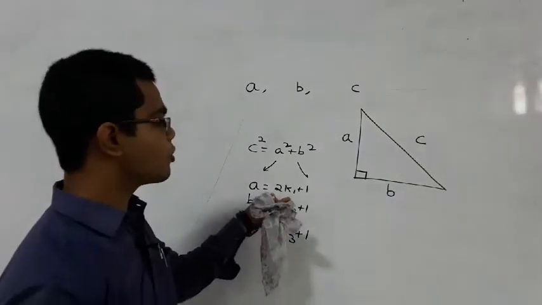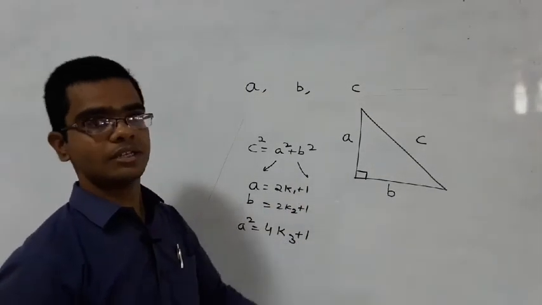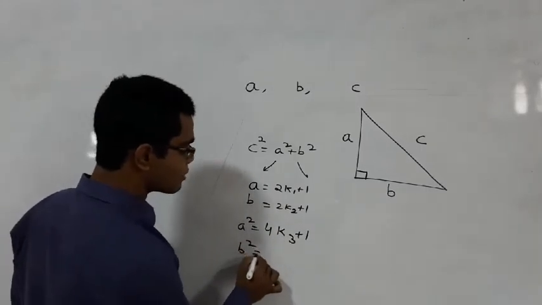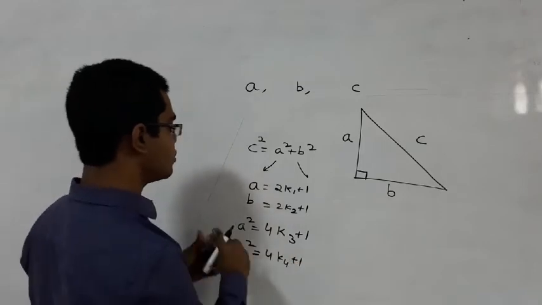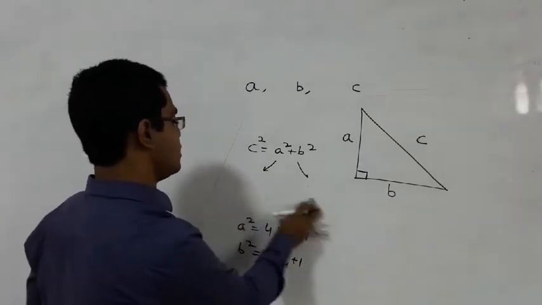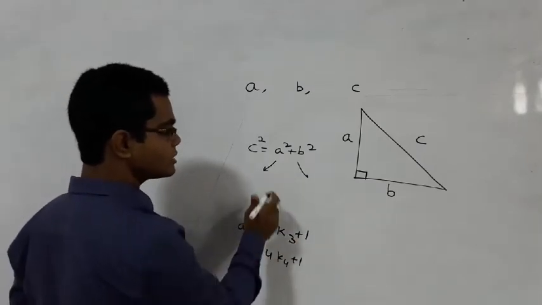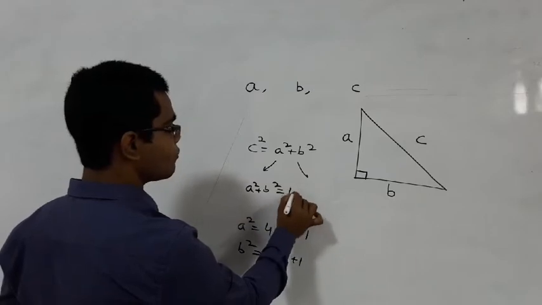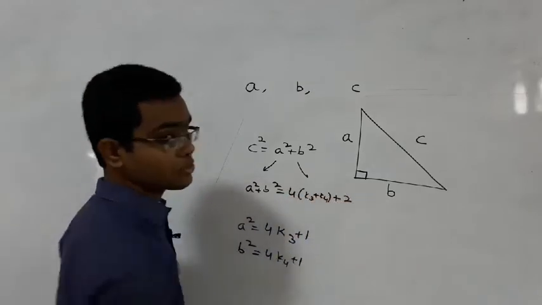When I square it, I get 4k1 square plus 4k1 plus 1, so I have taken 4 common and written 4k3 plus 1. Now B square is going to become 4k4 plus 1. Very good. Now if I add these two numbers, A square plus B square is going to be 4 into k3 plus k4, plus 2.